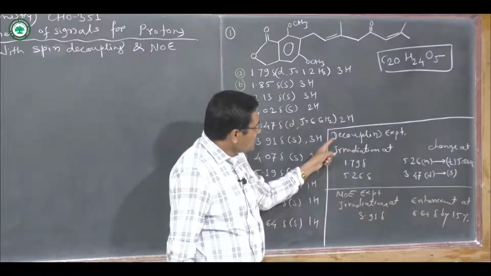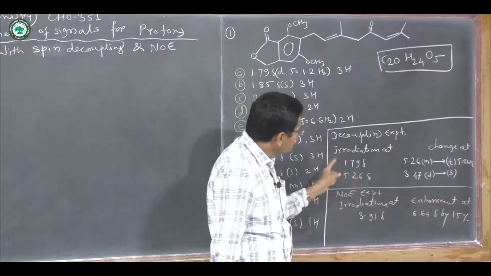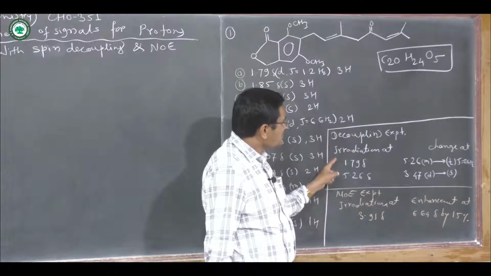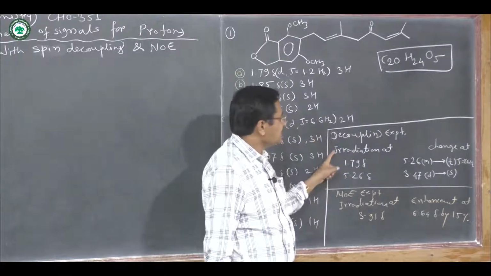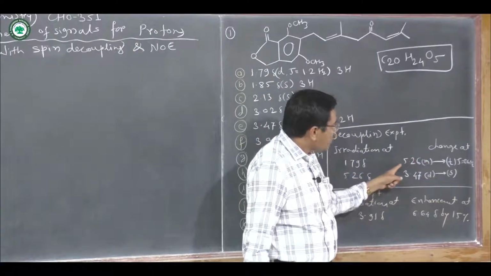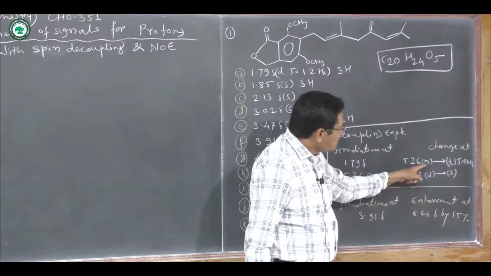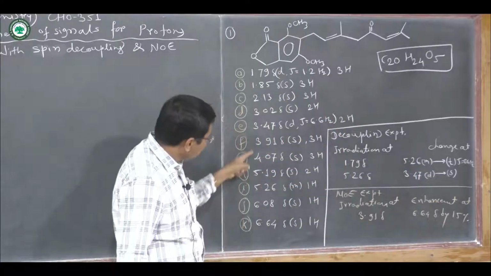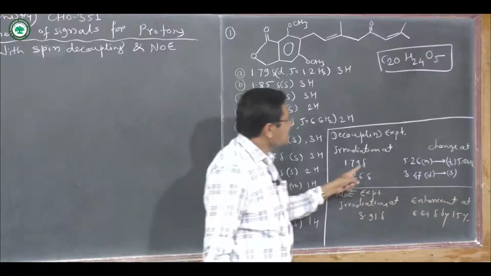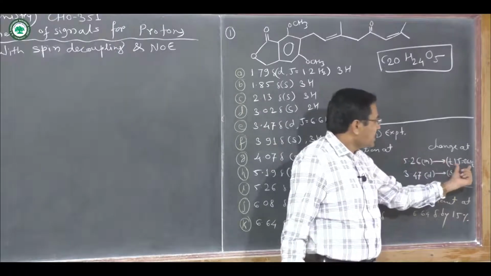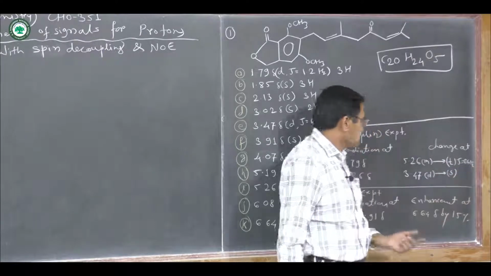In the decoupling experiment, when the 1.79 signal is double irradiated, a change takes place at 5.26. Originally it is a multiplet, but after double irradiation it falls to a triplet, and the J value is 6.6 Hertz.